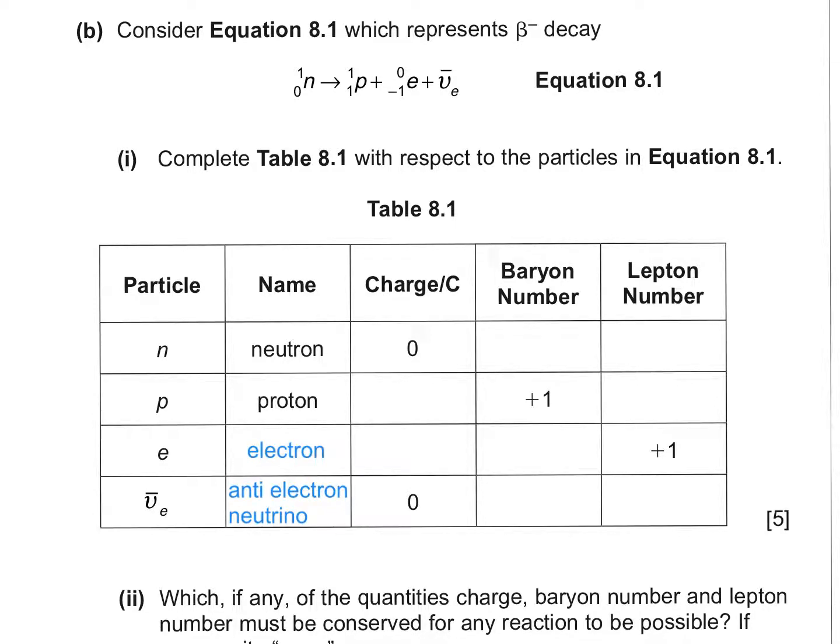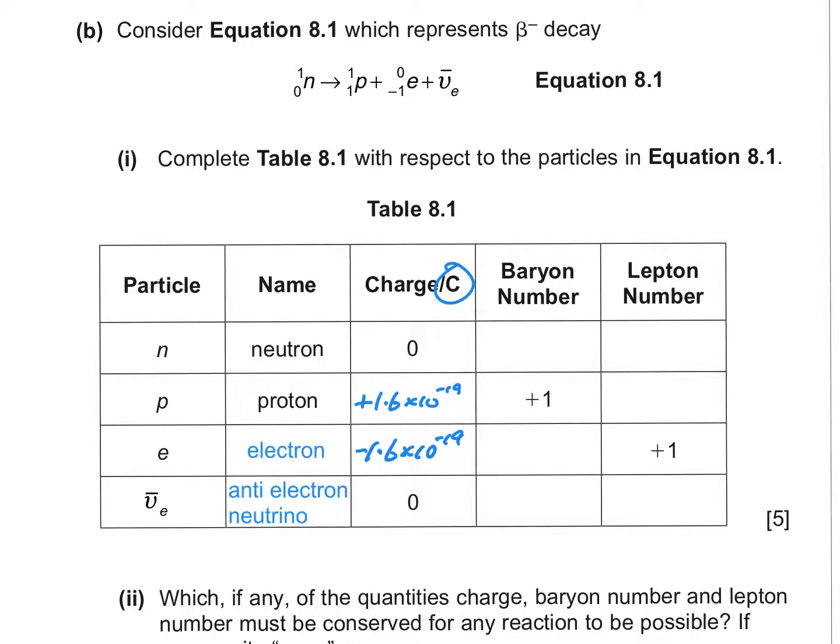The charges here are meant to be in coulombs, so we need to be careful that we put the proton down as positive 1.6 times 10 to the minus 19 of a coulomb, and the electron as negative 1.6 times 10 to the minus 19 of a coulomb.